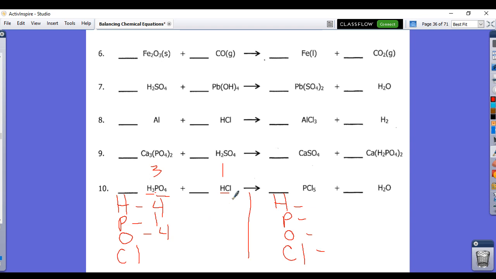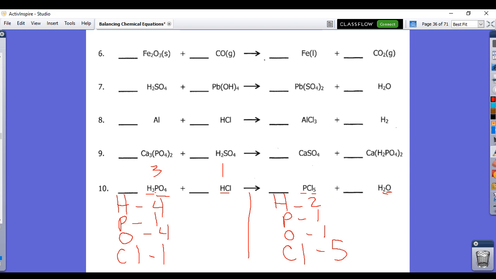And then there's no subscript after the chlorine, that means 1. Over here, there's a 2 after the hydrogen. There's no subscript after phosphorus, so that's 1. Oxygen, no subscript, so that's 1. And then there's a 5 after the chlorine, so that's 5.